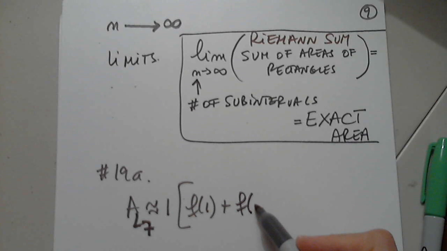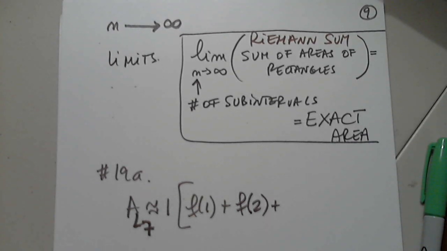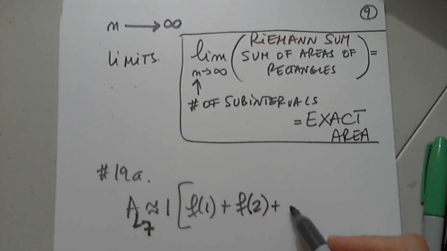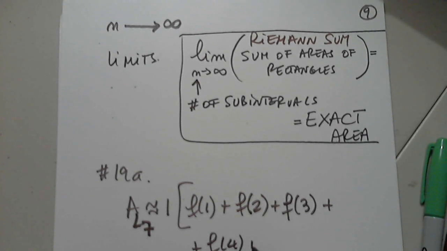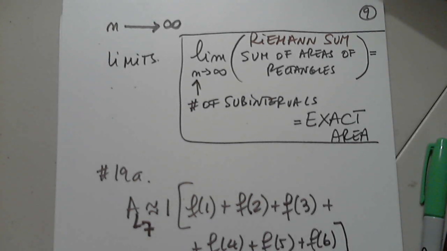F of 2. Yes. What is the height of the next one? F of 3 plus f of 4 plus f of 5 plus f of 6. We have to have 1, 2, 3, 4, 5, 6 subintervals. And I have to stop. And we'll calculate them on Thursday.